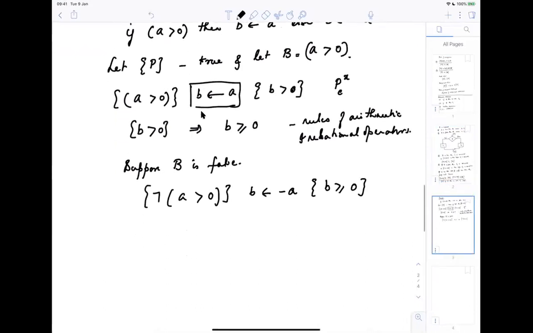Because now, if not of A greater than 0, then A is negative or 0. And again, applying the same rule of the expression, we can conclude that B is greater than or equal to 0.